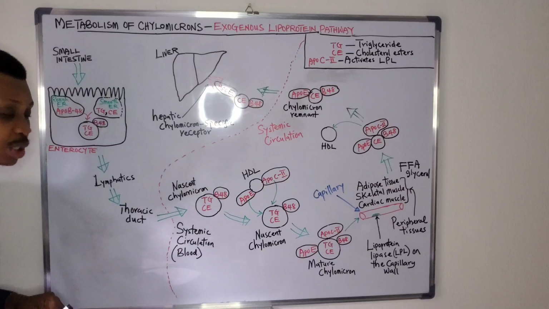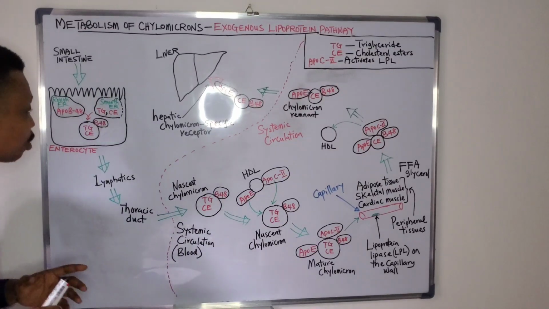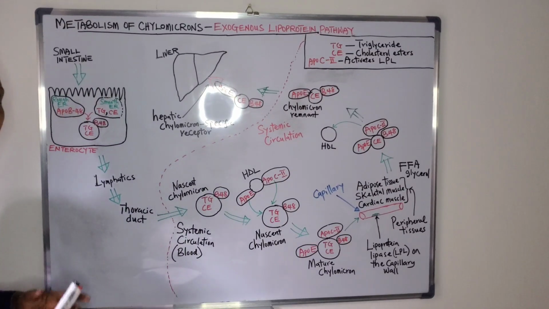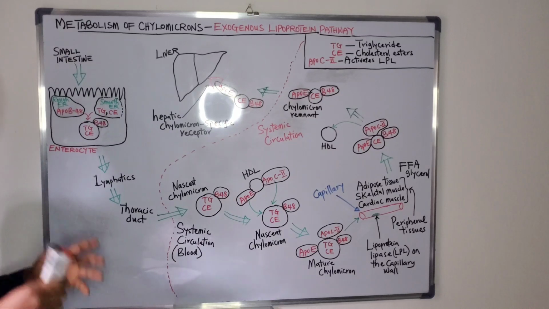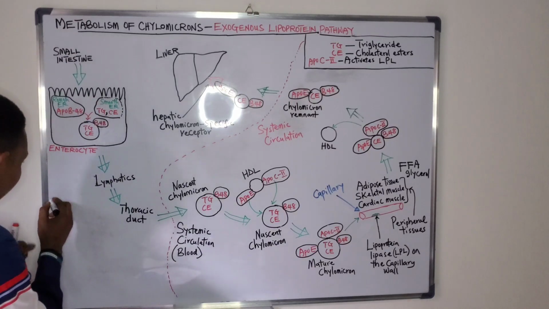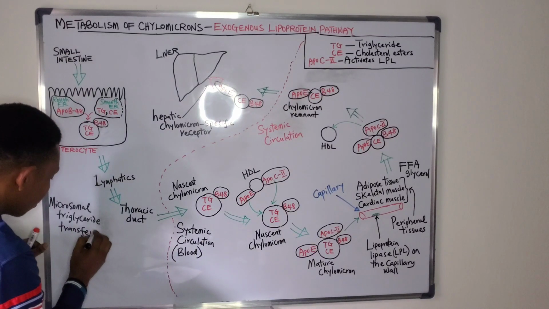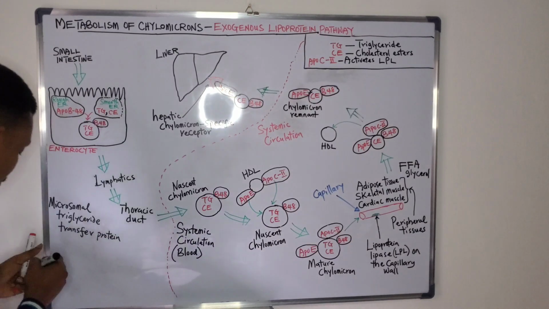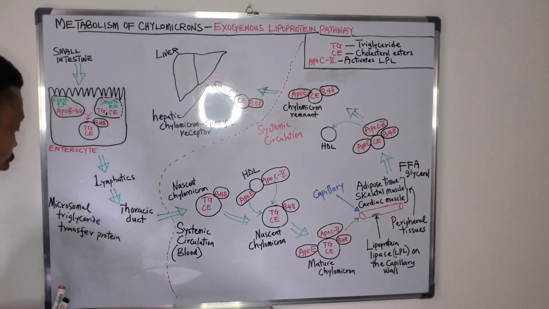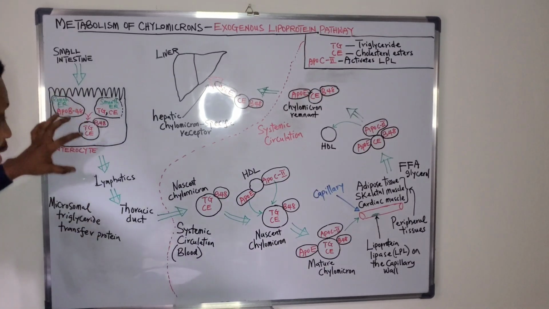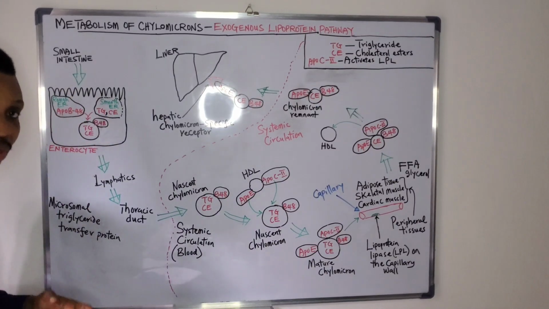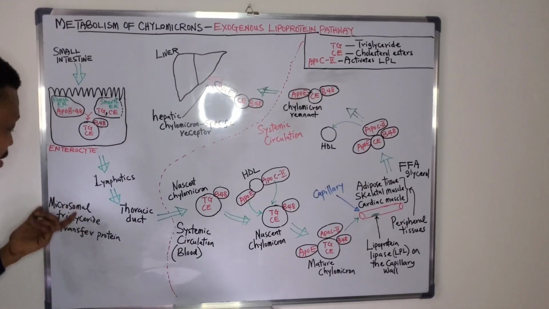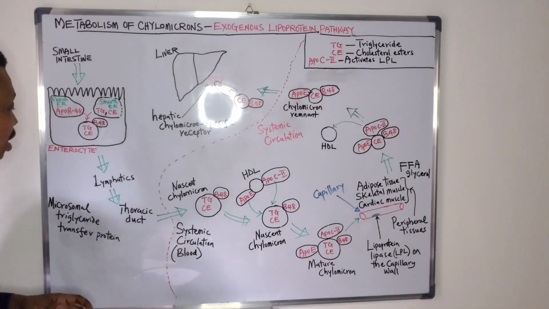Now, when this is formed, still in the enterocyte, there is a protein called microsomal triglyceride transfer protein.